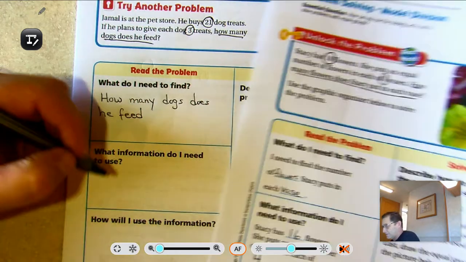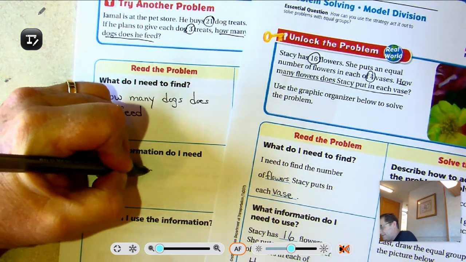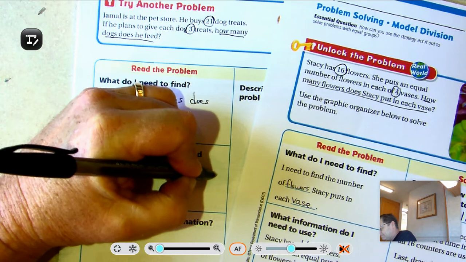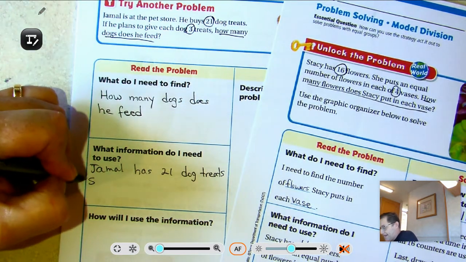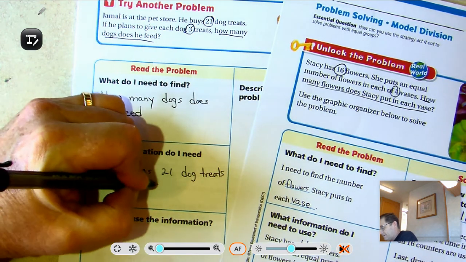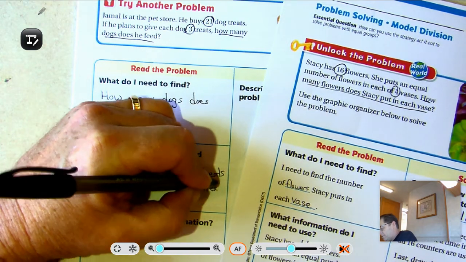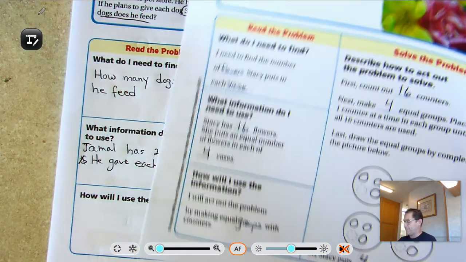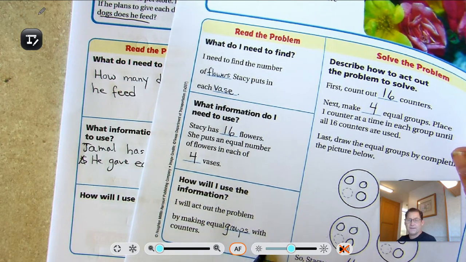So here, Jamal has 21 dog treats. He gave each dog 3 treats. How will I use the information? I will act out the problem by making equal groups with counters.